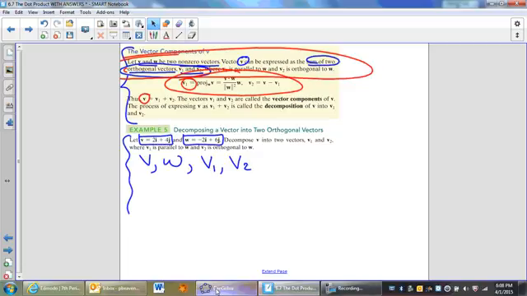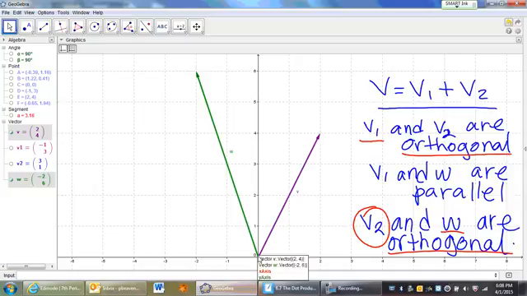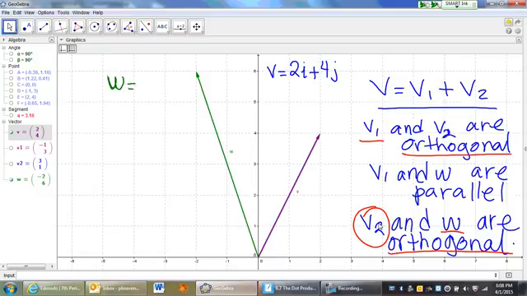So let's look at vector V. That one has the initial point at 0, 0, and the terminal point is here at 2, 4, because for vector V we're given the horizontal component 2, so 2i plus 4j. And now for vector W, we are given the components negative 2i plus 6j.